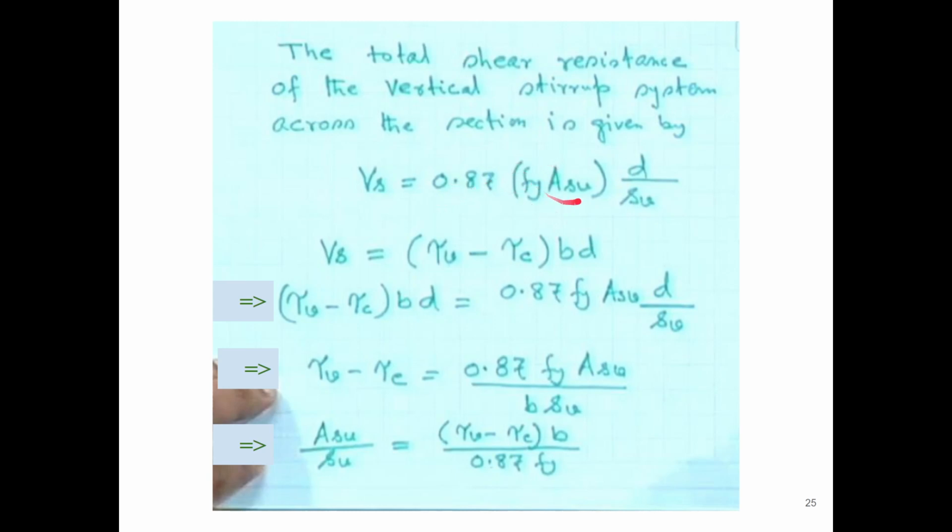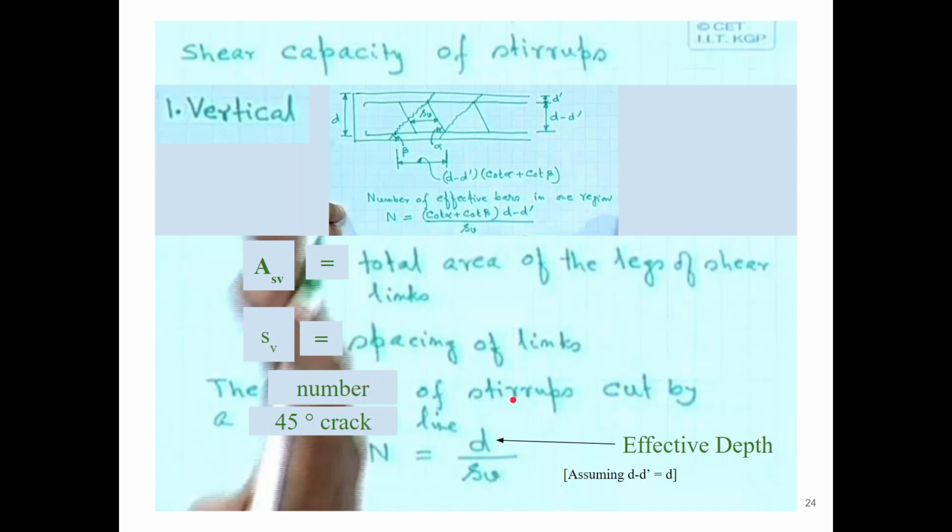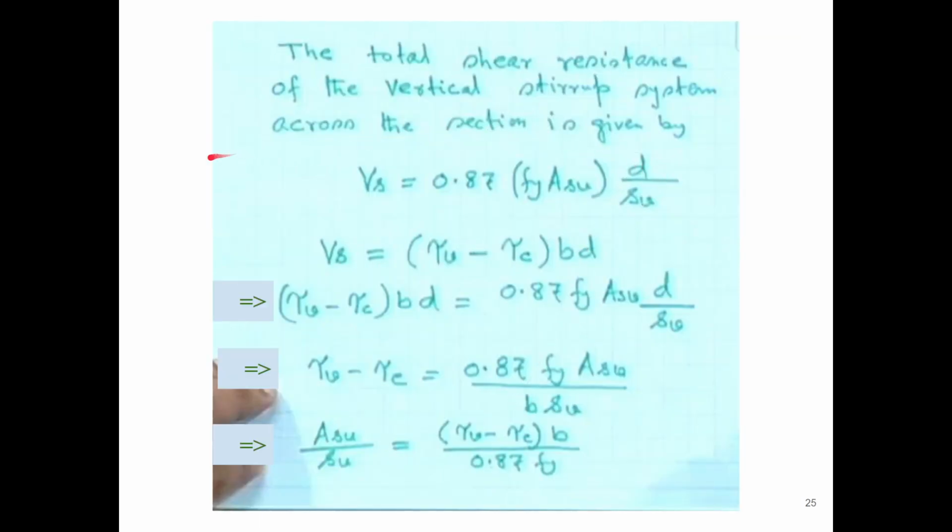So 0.87 fy into Asv will give you the shear resistance for one stirrup. If you multiply with the n number of stirrups, which is d by sv, you will get the total shear resistance for a given section or given distance. So that is Vs equal to 0.87 fy Asv into d by sv. Similarly, that is the shear resistance, right?